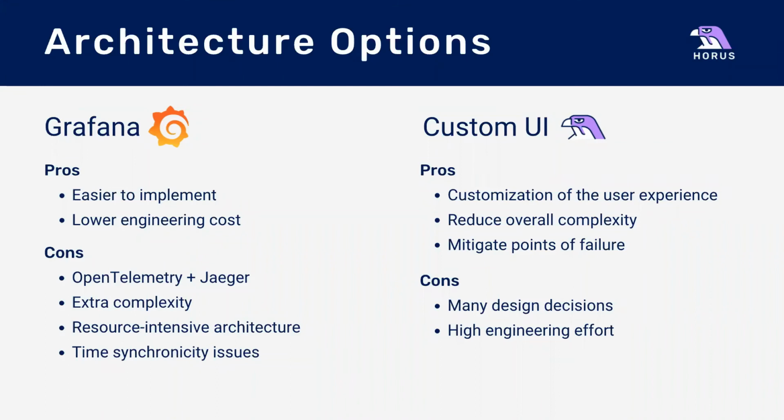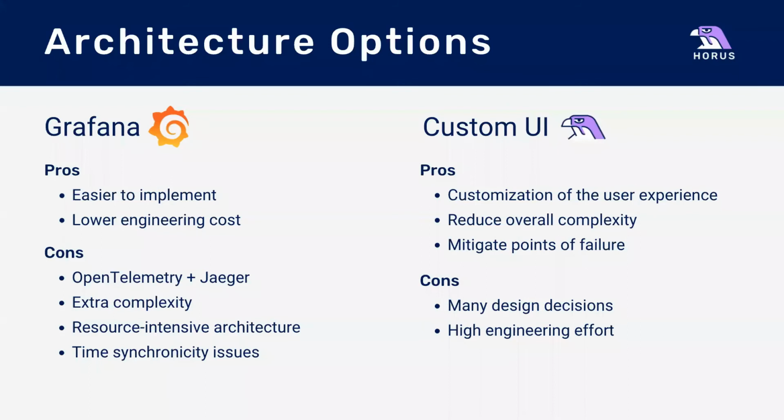Also, having two databases could introduce time synchronicity issues, which would have been fatal for the connection of metrics and traces. Finally, we just didn't like the idea of having such a complex architecture because it meant more potential points of failure.